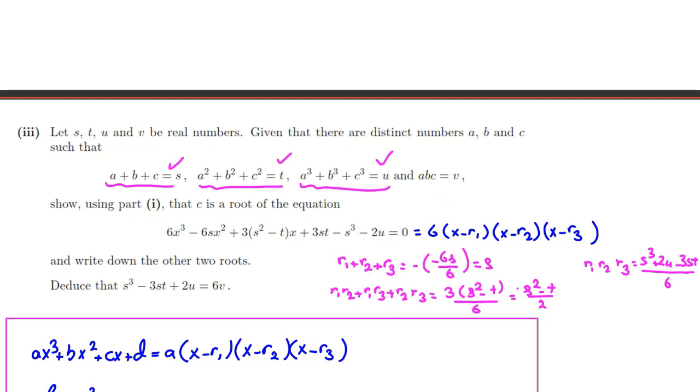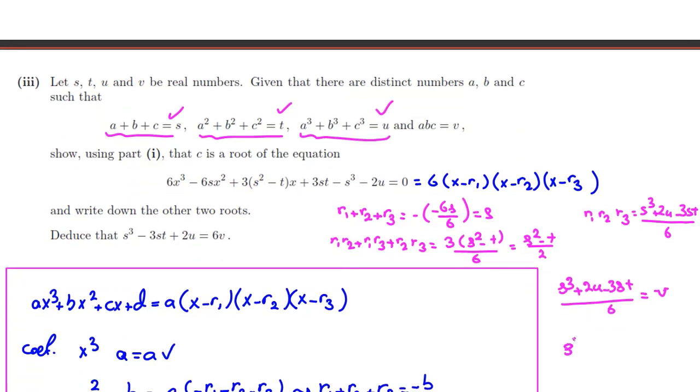And it says abc equals V. Now, because we know a, b, c are r1, r2, r3, we can say s cubed plus 2u minus 3st over 6, which is r1 r2 r3, equals V. So if we multiply by 6 both sides, s cubed plus 2u minus 3st equals 6V. So we proved also this part, and the other two roots also are b and c. So we've solved also part 3.